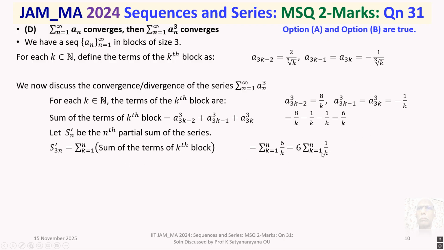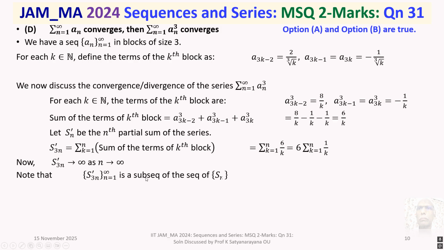So this is a subsequence of Sn prime that diverges. Now S_{3n} prime tends to infinity as n tends to infinity, because sigma k equals 1 to n, 1 by k, is divergent by the P series test for P equals 1. Note that S_{3n} prime is a subsequence of Sn prime.